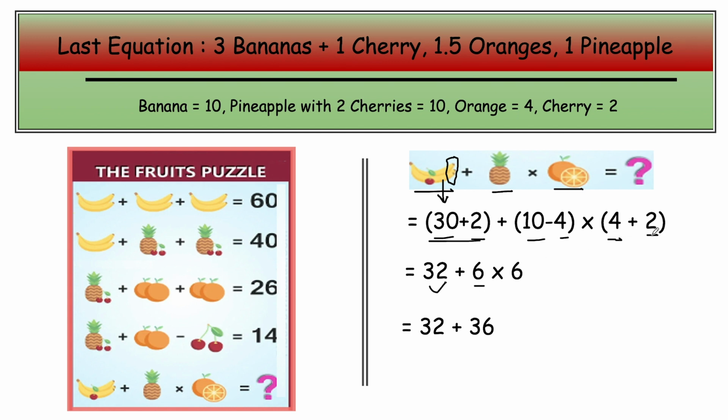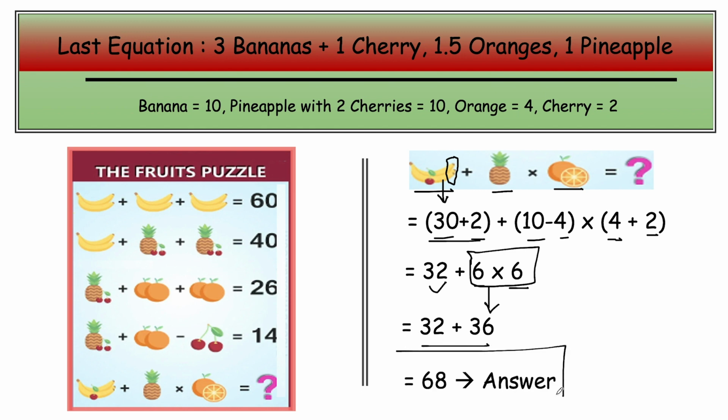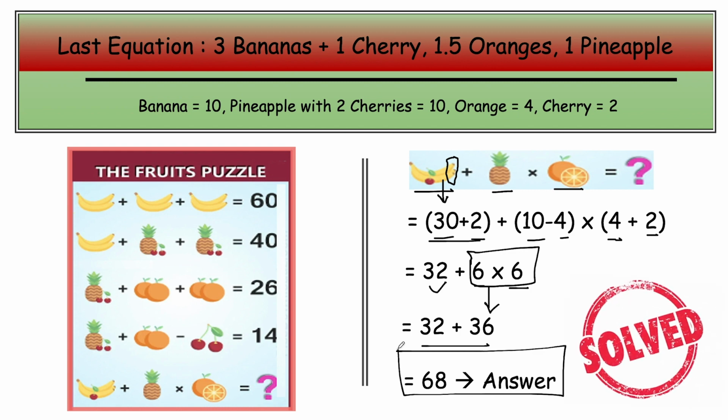So solving this bracket, 4 plus 2 is equal to 6. Now according to the BODMAS rule, we have to first solve this multiplication sign. It will give 6 into 6 as 36. Now adding these two values will give 68 as the answer. And this puzzle is also solved.